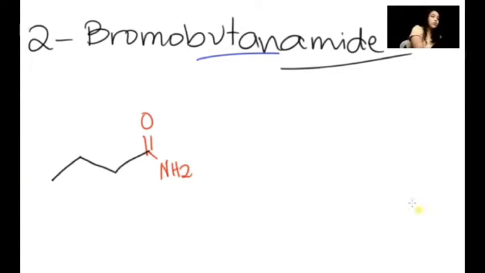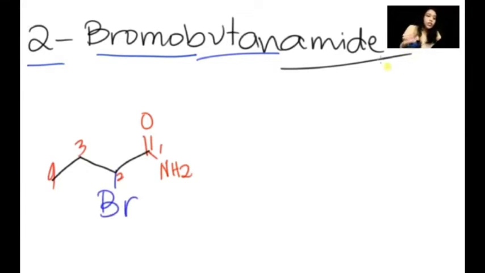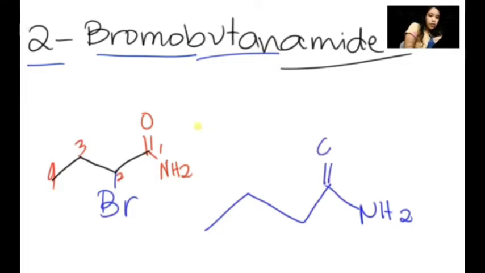Since it is 2-bromo, we are going to place our bromine on the second carbon. So we start counting here, 1, 2, 3, 4, and this is our second carbon. That is where we place our Br. Now our structure would be like this.